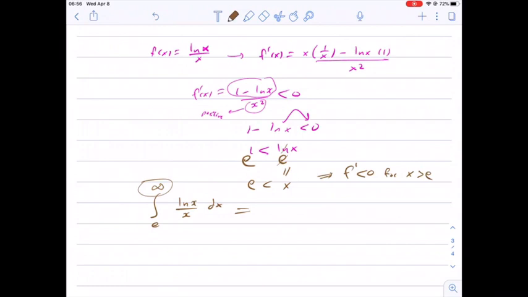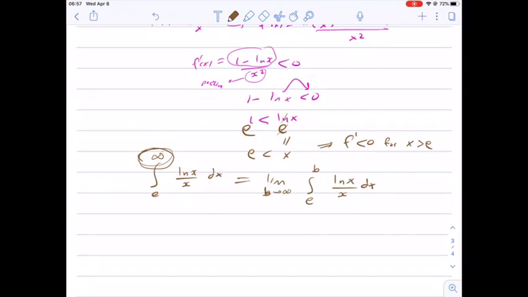The upper limit of the integral is infinity. So we have limit as b goes to infinity, integral from e to b, natural log x over x dx.